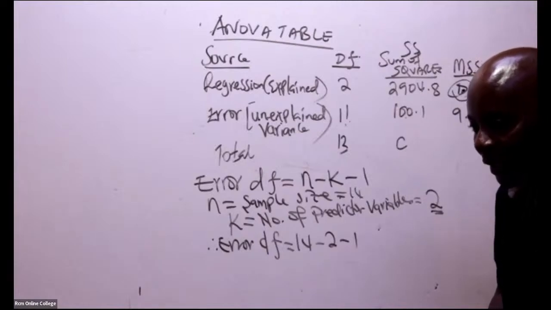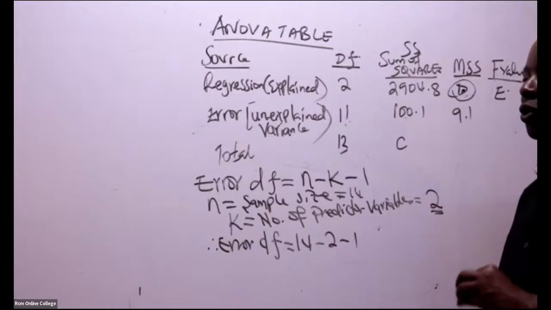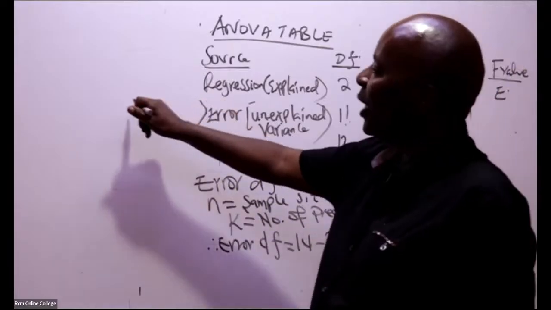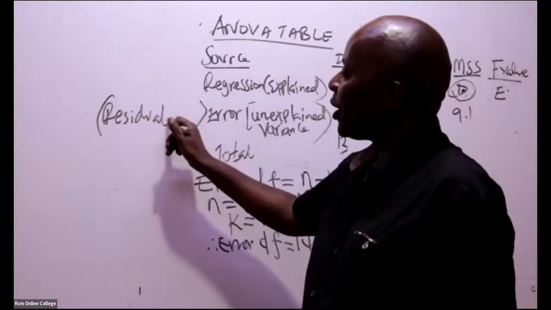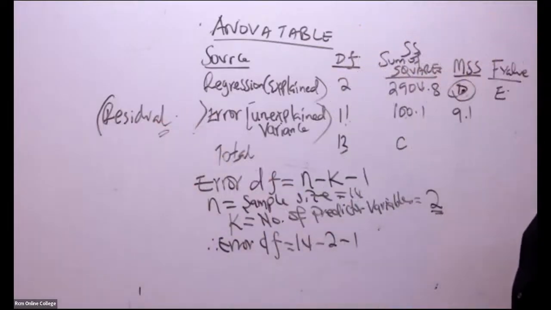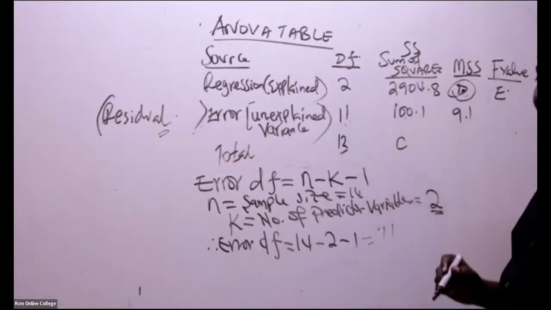Thank you, Nancy. Yes, error is the same as the residual degrees of freedom. Residual, remember, residues are not good; these are errors. So this gives me 11. That's how they got 11.